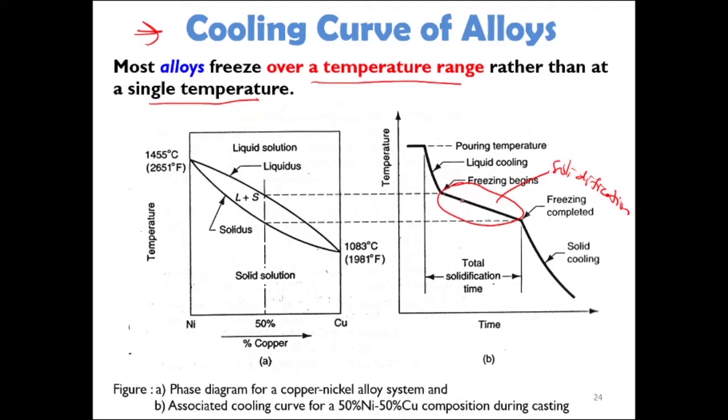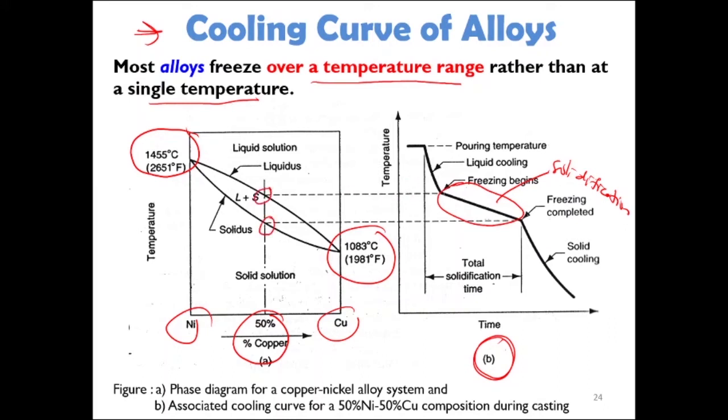So the solidification will happen over a temperature range, depending on the freezing temperature of nickel and also of copper. The cooling curve at B is for 50% copper and 50% nickel. For further understanding, we will keep looking at this on the phase diagram later on.